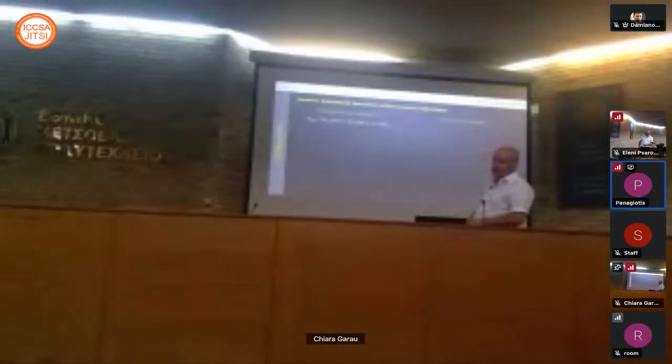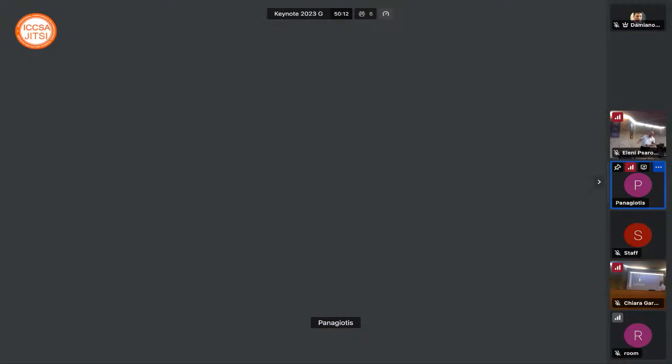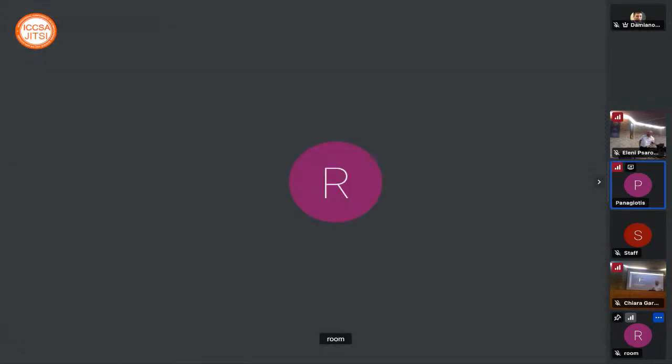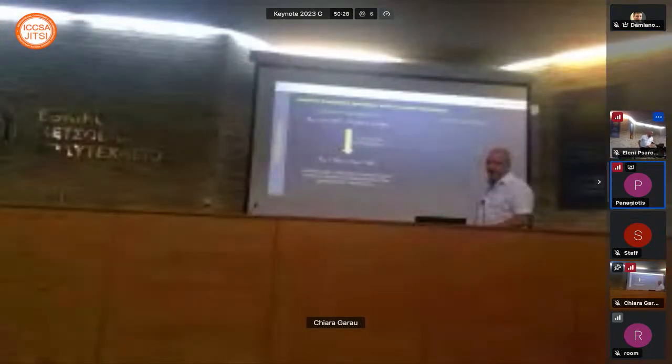Okay, but this supermolecular approach, combined with what we call variational EDA, energy decomposition analysis schemes, allows us to decompose the total interaction energy into electrostatic, Pauli, and polarization. The problem of these variational schemes is that they don't provide a dispersion energy.